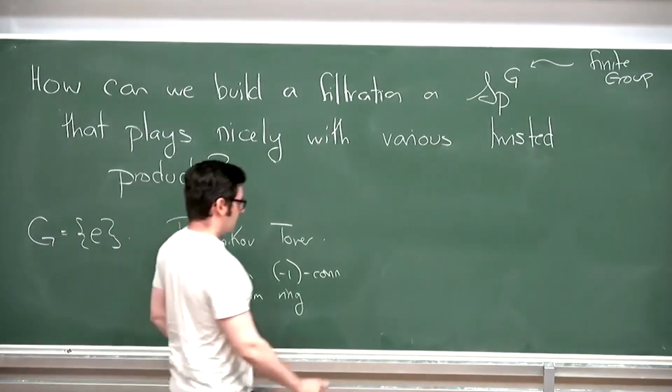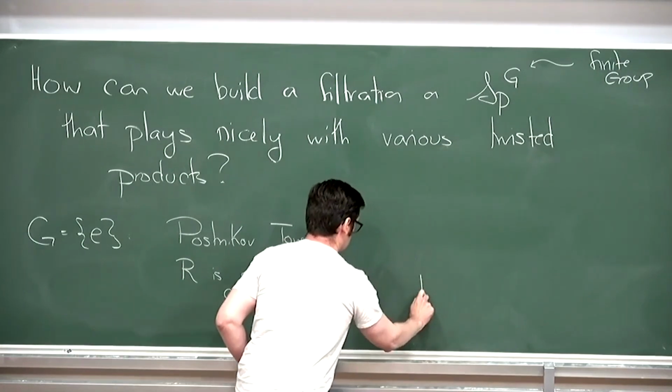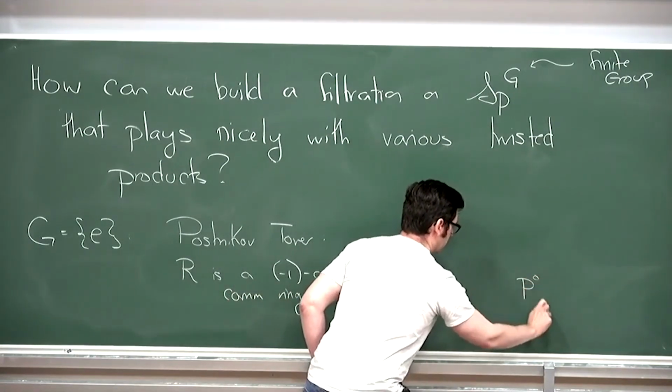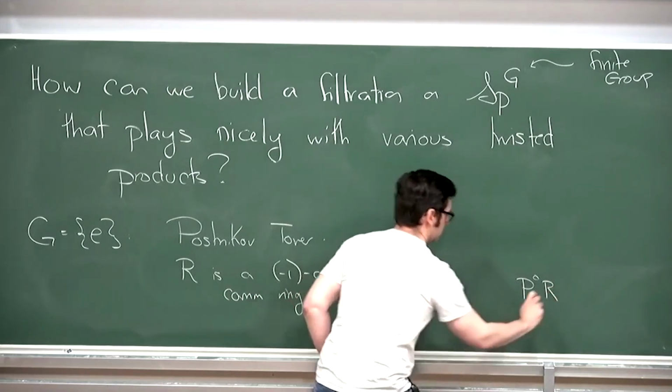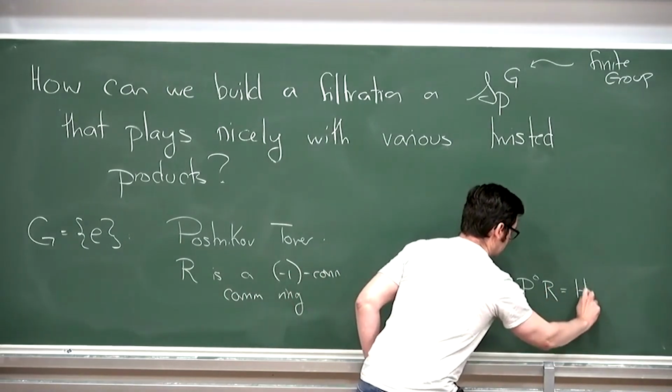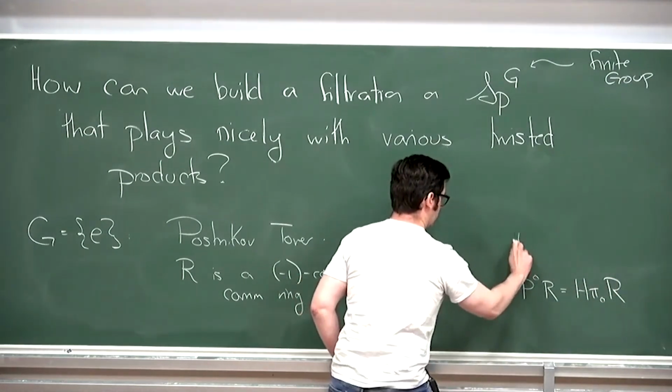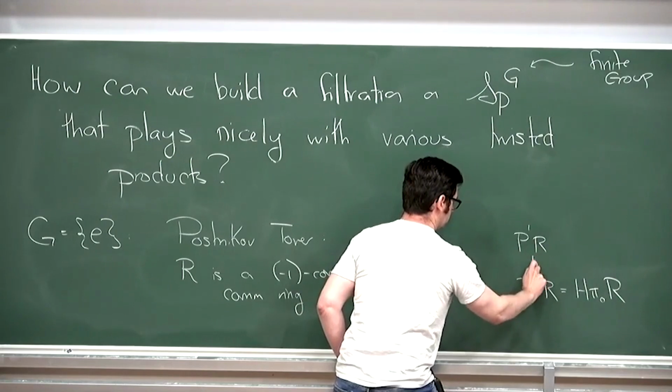Then I can form its Postnikov tower, which sits under R. And I have the 0th Postnikov section. This is just some Eilenberg-MacLane thing. And then I have the whole tower that sits above it.